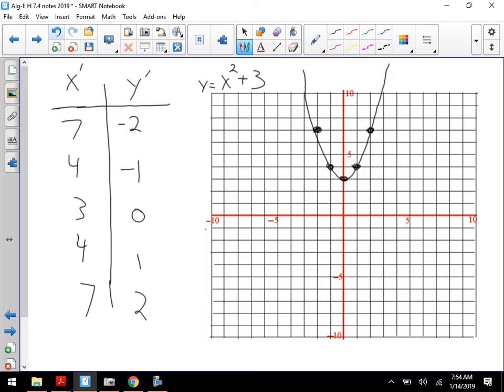Now, when I replot these, 7, -2, 4, -1. Yeah, put them on the same graph, please.